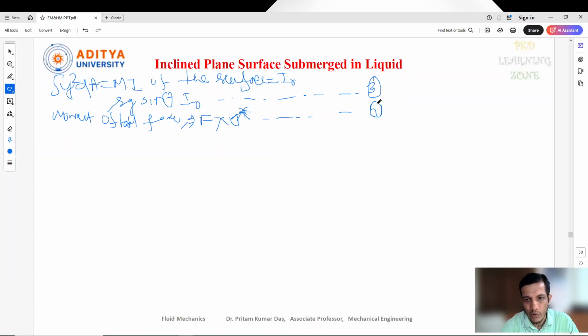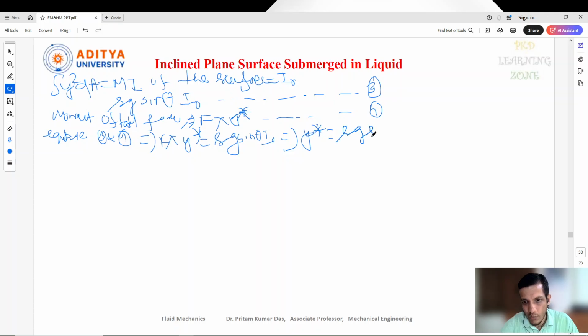Now we'll do one thing: compare equation 3 and 4. What we'll get here? F into y star equal to rho g sine theta I naught. Also you can write y star equal to rho g sine theta I naught divided by force.